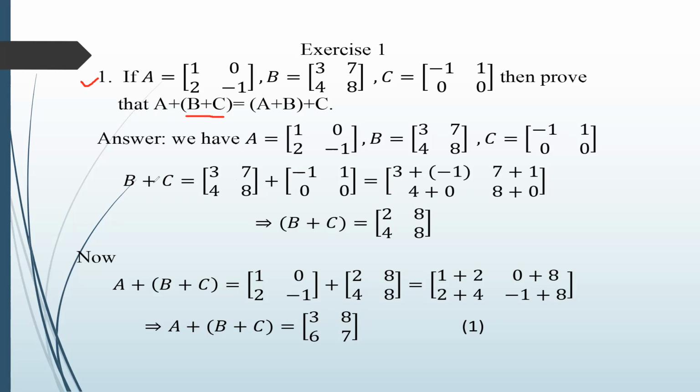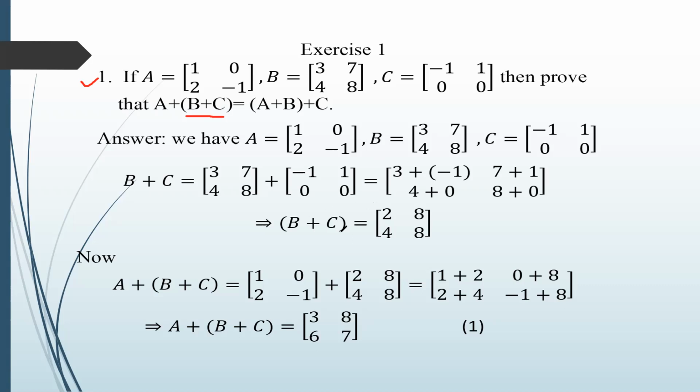We add the first element of B to the first element of the second matrix, so this will come 3 minus 1, then 7 plus 1, 4 plus 0 and 8 plus 0.